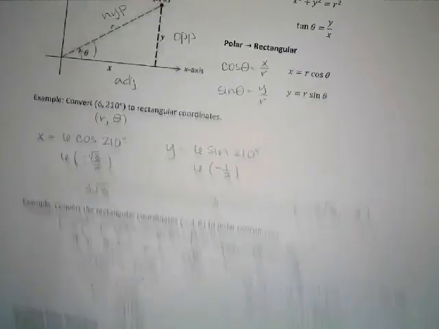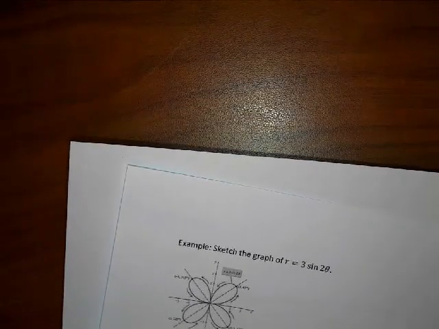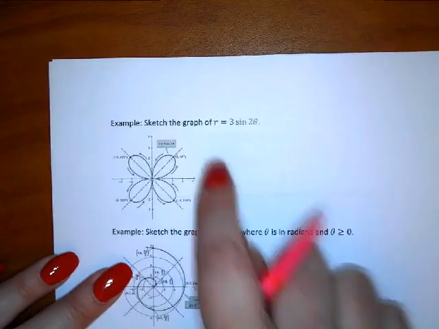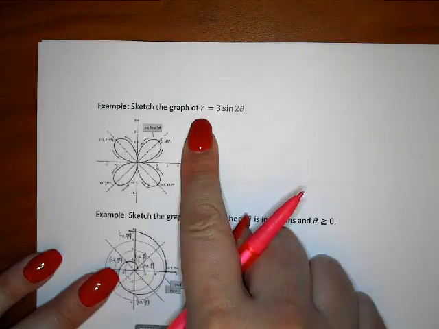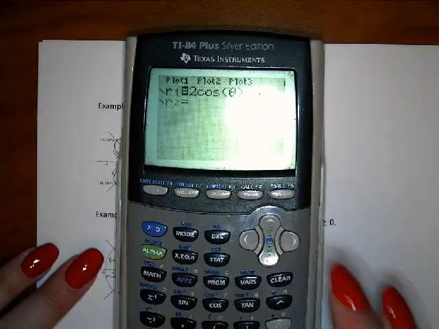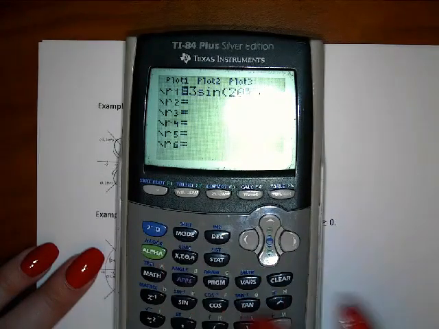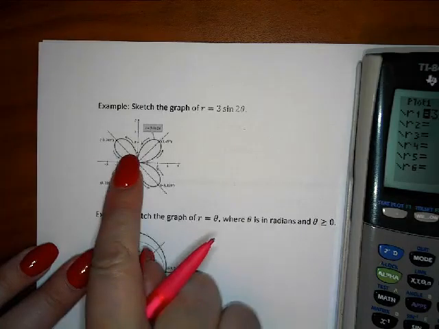So this one says to sketch the graph of r equals 3 sine of 2 theta. So I'm just going to go over here, 3 sine 2 theta. For this one, I can see the radius of 3 is how far out this goes. I might want to make this window just a smidge bigger.